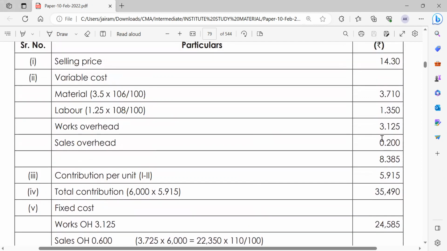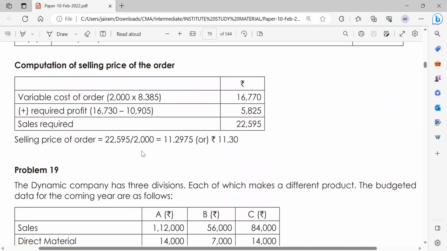So we will get 8.385 after adding all the variable items. So the variable cost is 2000 into this, 16,770.